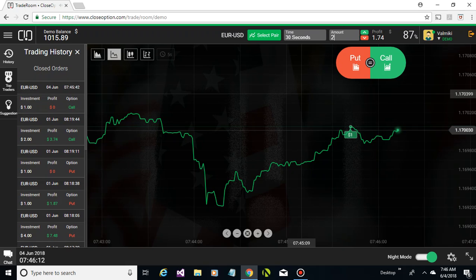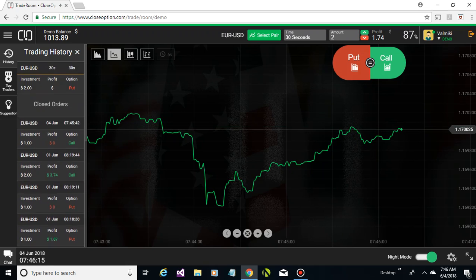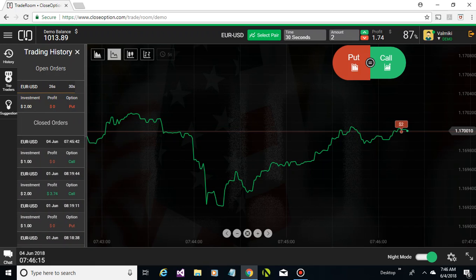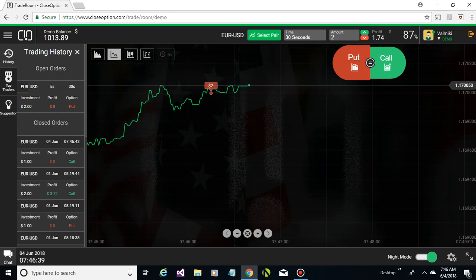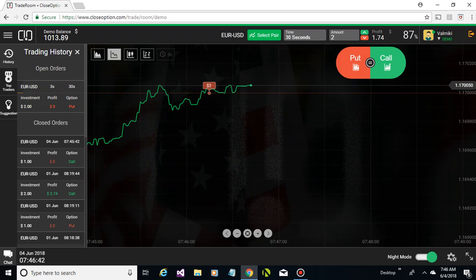Right now we confirmed it's a loss, so we're going to go for a put option, because we want to go in the opposite direction on a loss. $2, and it's going the opposite direction. It looks like it's going to be our second loss here.